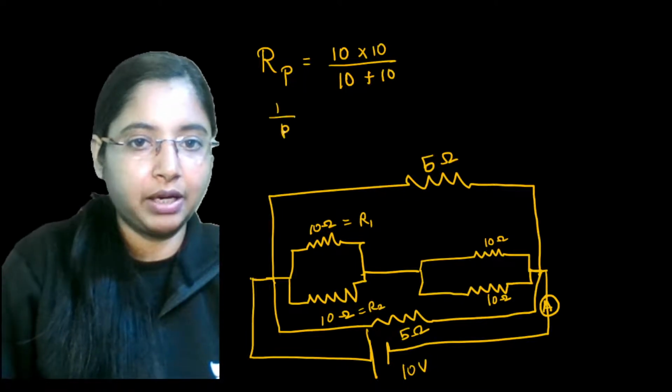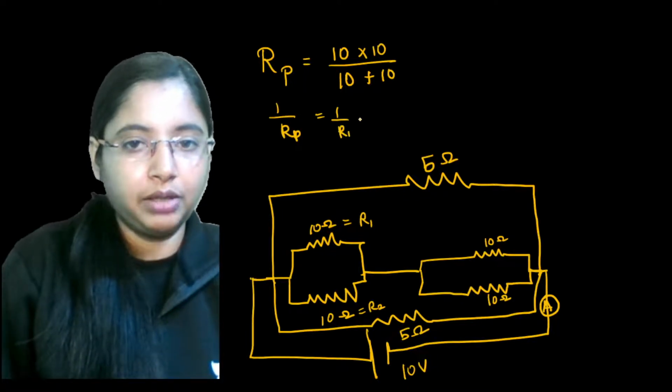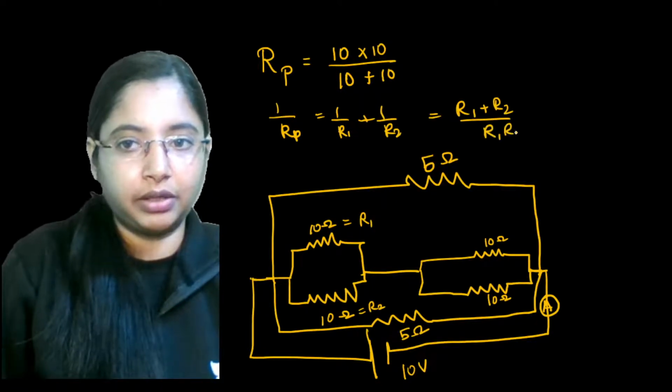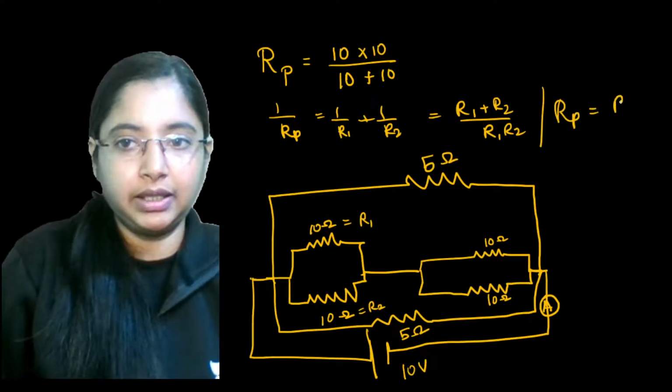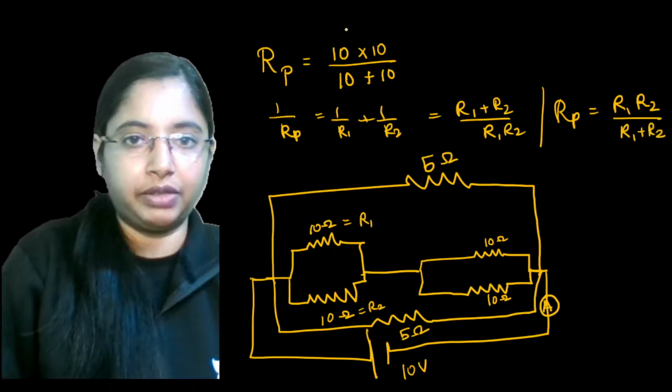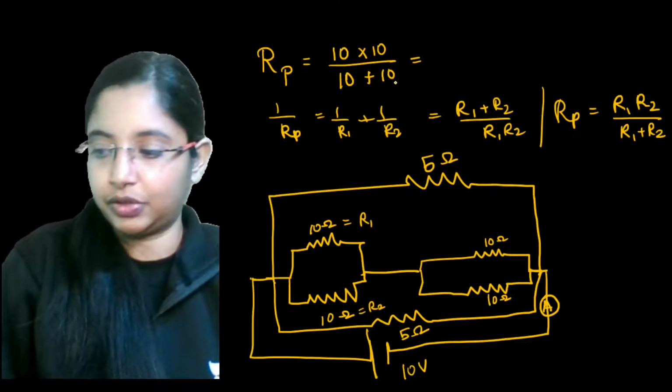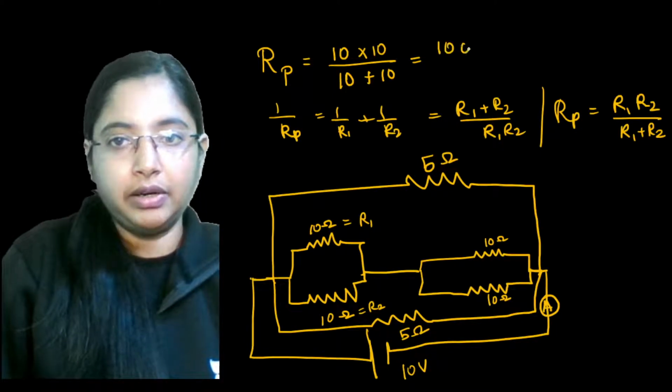So 1 by Rp will be 1 by R1 plus 1 by R2. Again rearranged, R1 plus R2 divided by R1 R2, right? This is 1 by Rp. So from there Rp will be, take the inverse, R1 R2 divided by R1 plus R2. That's what I've done. Multiplied these two resistors and divided by their sum, right? So this will be 100 divided by 20, that will give me 5 ohms.